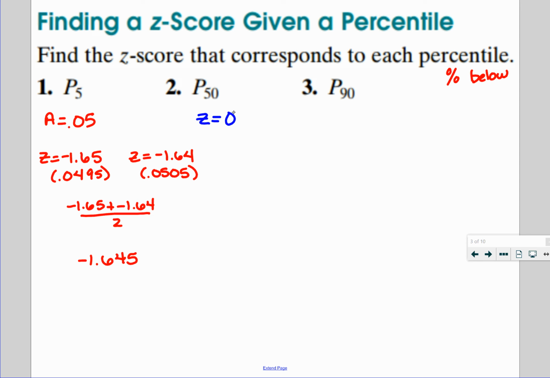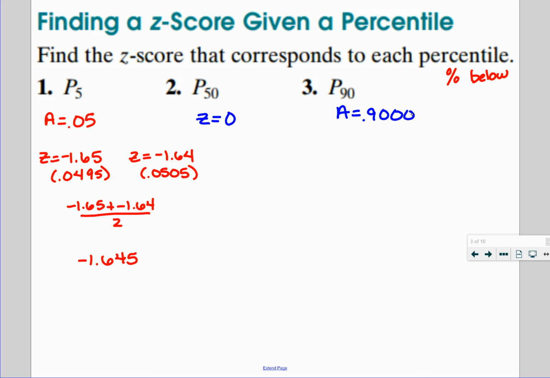Okay, and then the last one we're going to do is the 90th percentile. Okay. All right, so 90th percentile, we're going to look on our chart for 90% as a decimal, so 0.9000. Okay, and that's going to be on the positive side of my z-score chart because it's bigger than 0.5.